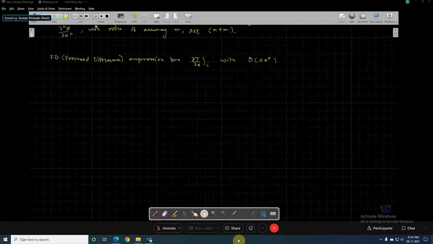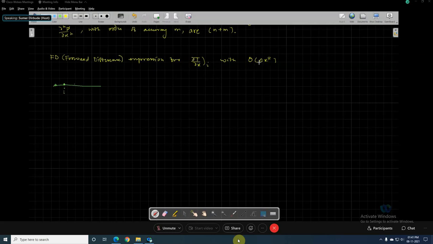So in forward difference, suppose this is the x direction or x domain. In that case, you discretize this domain and you have these points. So I write any one point as I, and now as per the above rule, I want order of accuracy 2 and my order of the PDE is 1.